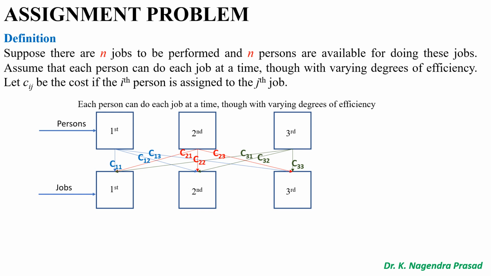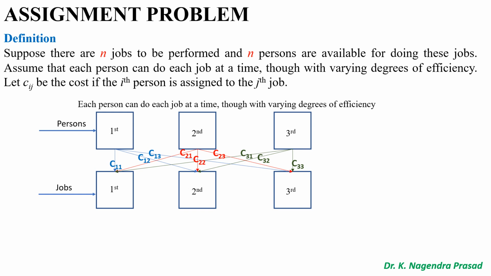Similarly, C21, C22, C23 are the costs for the second person performing jobs 1, 2, 3. Moreover, C31, C32, C33 are the costs for the third person performing jobs 1, 2, 3.